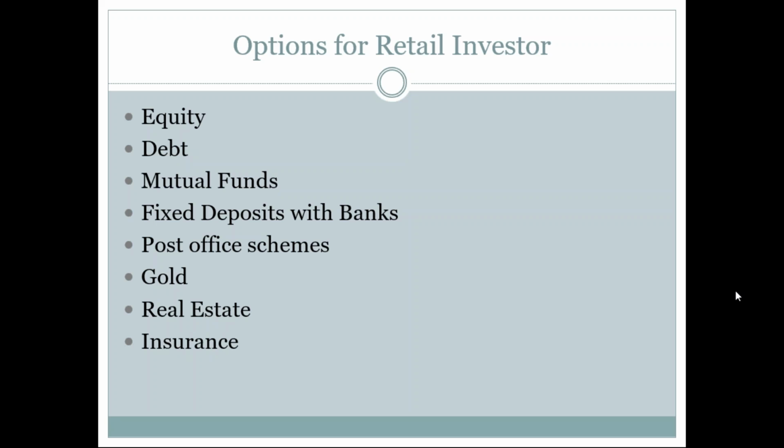Post office schemes like MIS or Kisan Vikas Patra also provide good interest rates. That is also considered a safe investment option. Then there are FDs with banks. If you have an FD, the bank has guaranteed you some rate of return, and the bank is bound to pay that. Unless the bank goes bankrupt, banks honor their commitment, like State Bank of India, ICICI Bank.